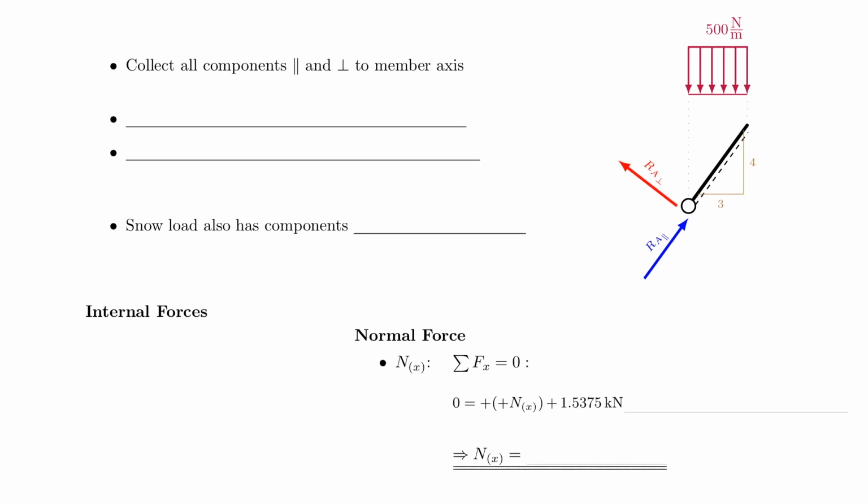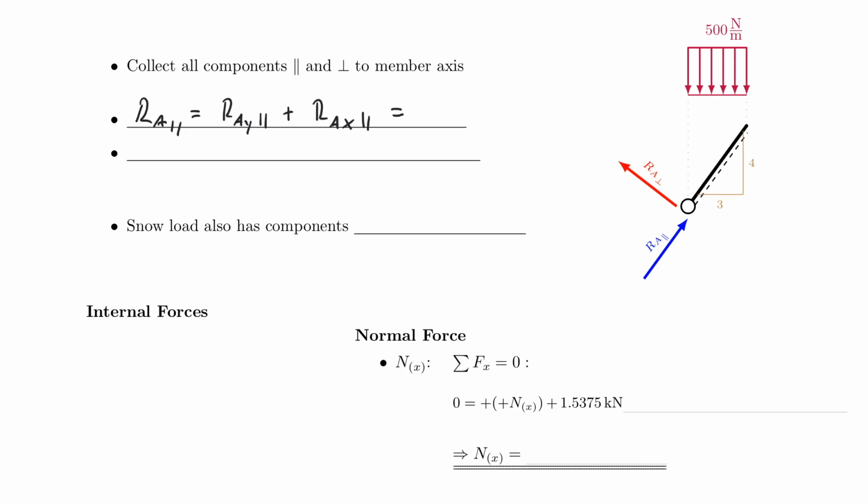So I collect all my components, and if I do that, then I will find that RAY, or I guess I should call it RA parallel, is actually equal to RAY parallel plus RAX parallel.